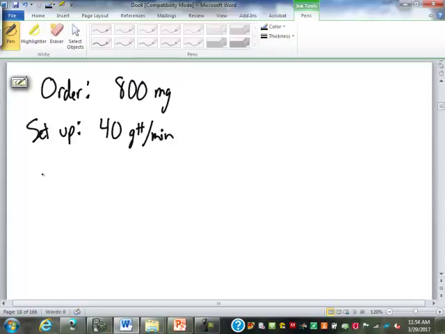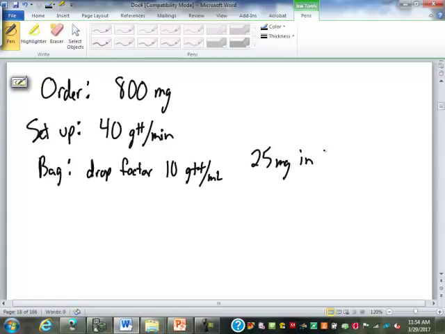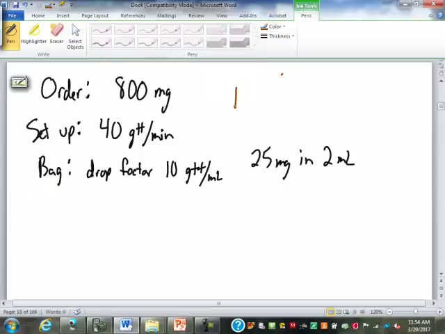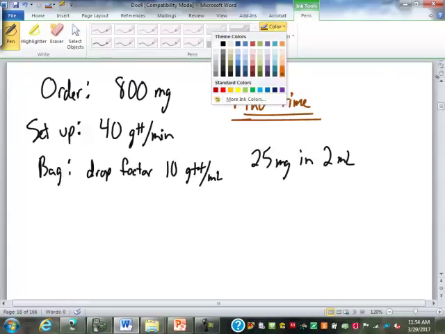And the label on the bag states that we have a drop factor of 10 drops per milliliter, and it is constituted at 25 milligrams in 2 milliliters of fluid. So I need to figure out how long it is going to take to infuse. Find the time. And again, we'll find the time in hours or hours and minutes.